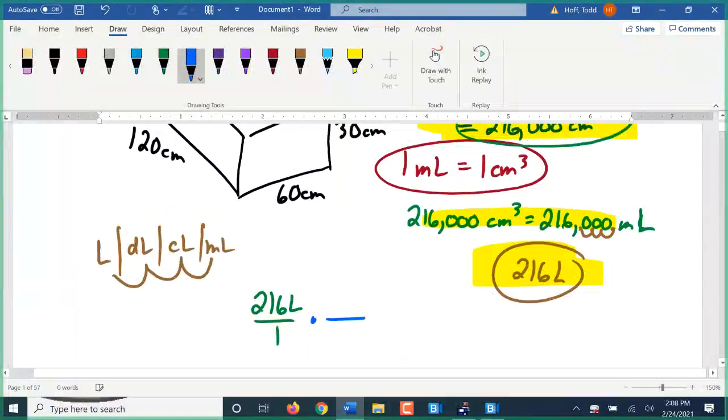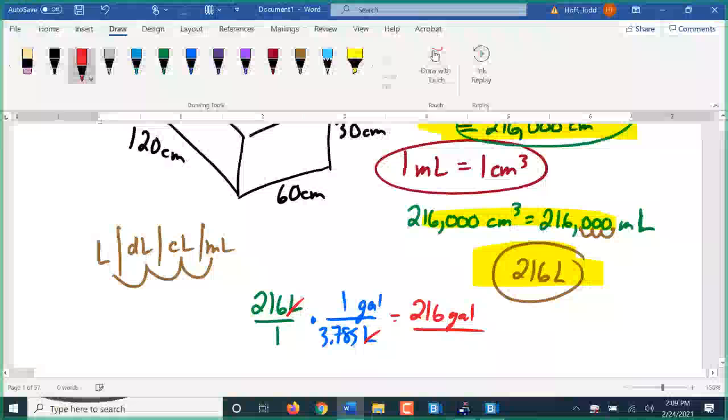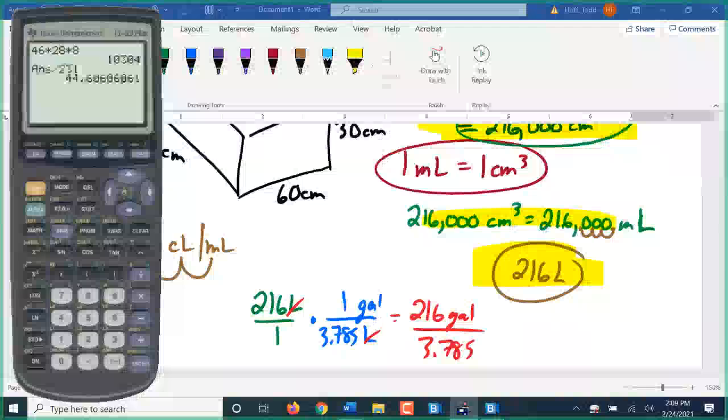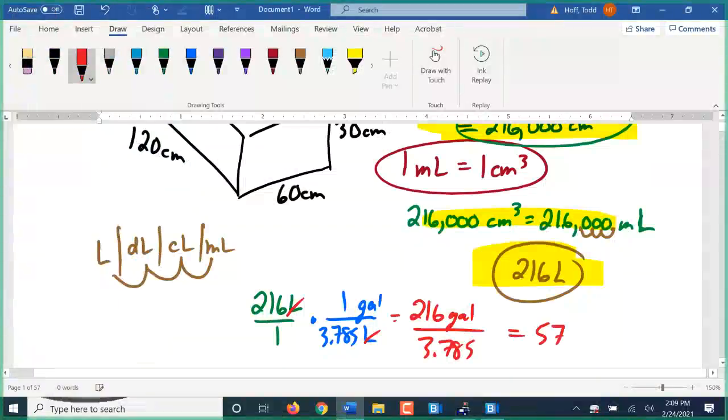Well, we would have to look up that 1 gallon is 3.785 liters. Put liters on bottom, gallons on top. 216 times 1 gallon, so 216 gallons, over 1 times 3.785. 216 divided by 3.785 is 57.07 gallons.